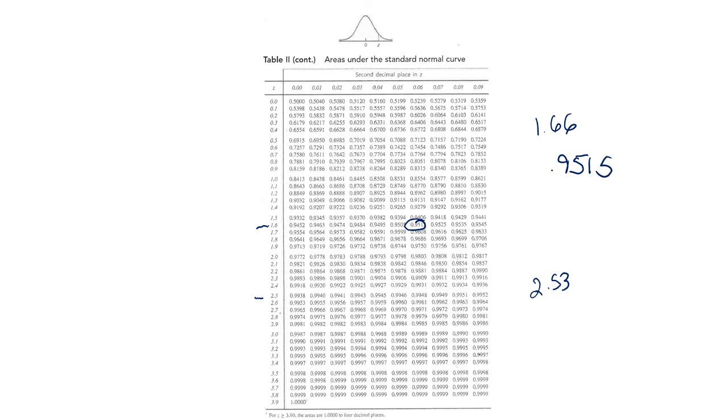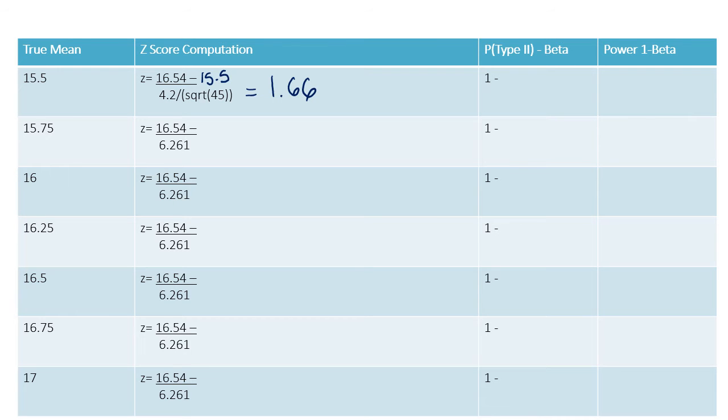The first column is 2.50, 2.51, 2.52, 2.53. That would be a 0.9943. But this is what we got, this 1.66 with an area under the curve of 0.9515. So let's go forward with that.